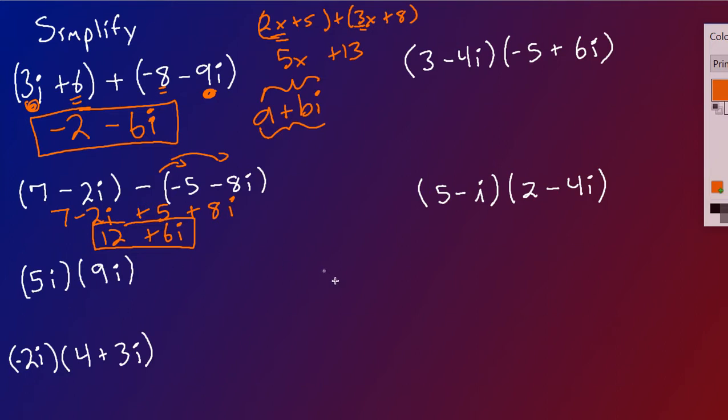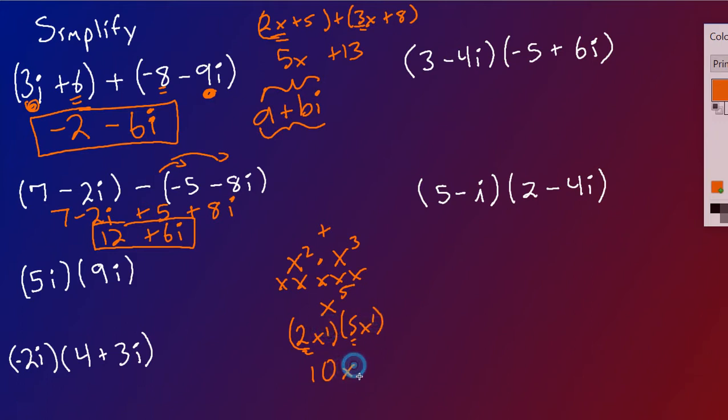So I'm multiplying. So remember, if I had like x squared times x cubed, I would add these exponents. So x to the 5th. I don't need to write that out, but I add my exponents when I'm multiplying, and this is the reason why. So if I had like 2x times 5x, I would multiply the numbers in front, 10, and x times x, the exponents are 1, so I add those and get x squared.